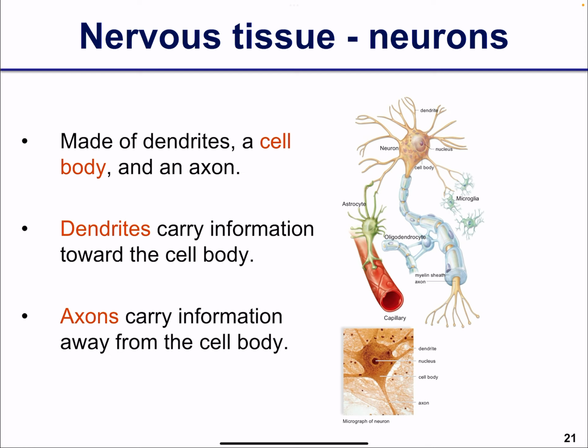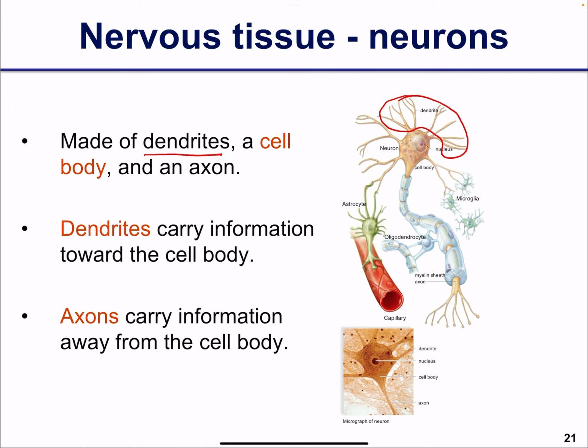This is the core of the nervous tissue. Everything else that is part of the nervous tissue is going to work toward allowing these neurons to properly carry out their function. Neurons are going to have three major parts. We're going to have the dendrites that kind of stick out of the body.